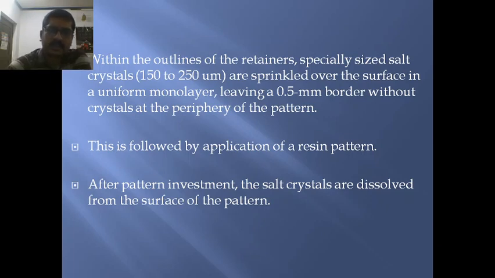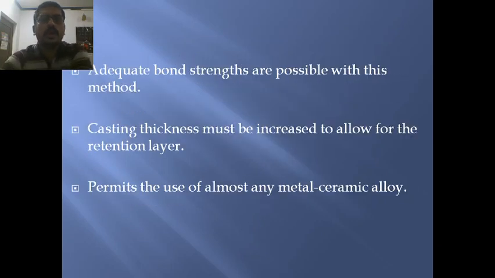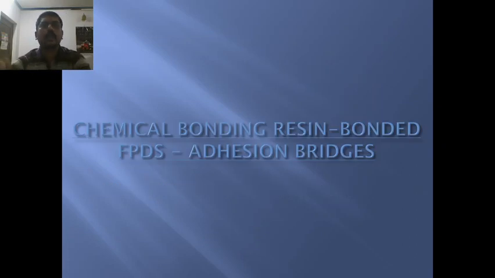After the pattern is inverted, the salt crystals are dissolved from the surface of the pattern. With this method, we can get adequate bond strength. The casting thickness must be increased to allow for the retention layer, and it permits the use of almost any metal ceramic alloys.